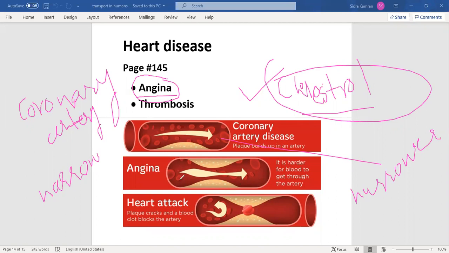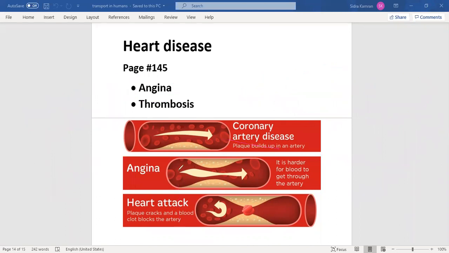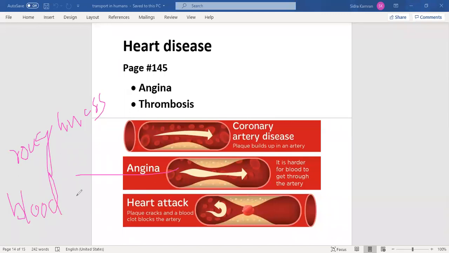When the roughness increases in the arteries, then blood clots start to form.